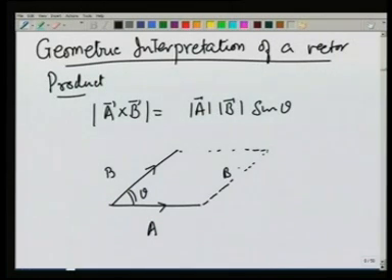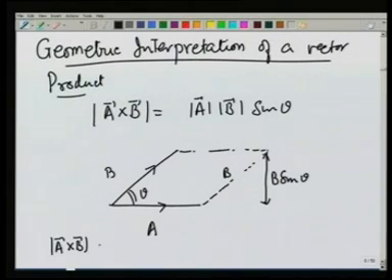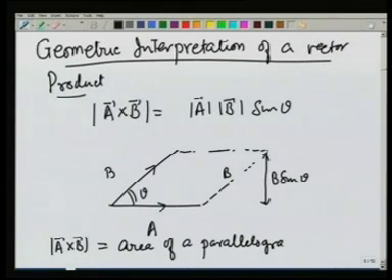This is B magnitude, so this is B sin theta. So, this is the base times the height of this parallelogram, and therefore, magnitude of A cross B is the area of a parallelogram formed by A and B.